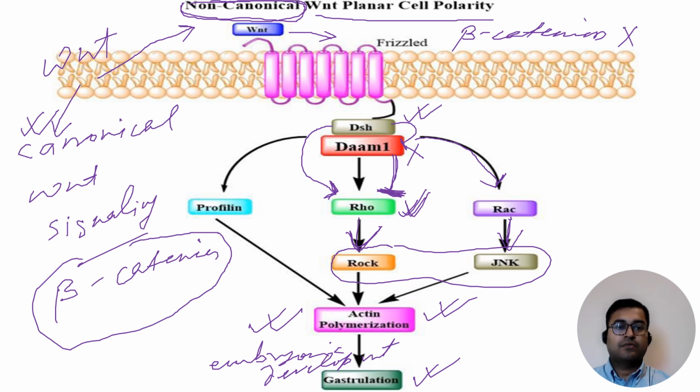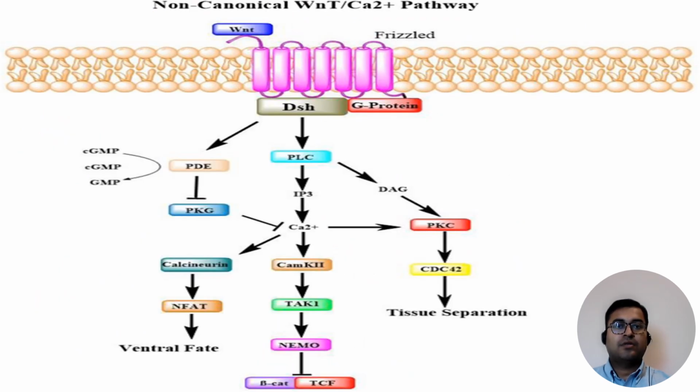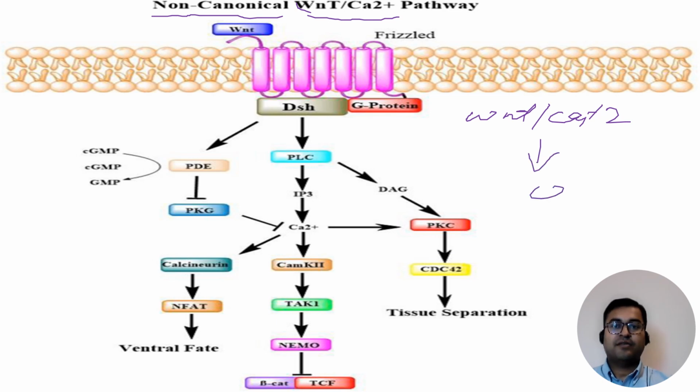Now this one is another non-canonical Wnt signaling pathway, which is known as the Wnt Ca2+ pathway. From the name itself, this is very clear. We call it the Wnt Ca2+ pathway because it is involved in regulation of calcium ions.